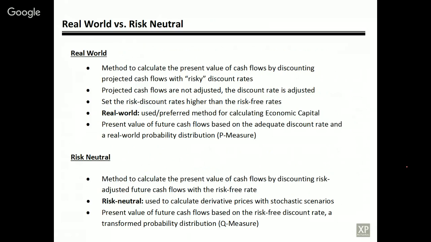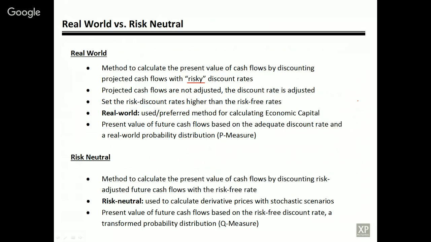Next up, we have real world versus risk neutral. This is a pretty important concept, so I'll try to describe it as well as I can. Real world is a method to calculate the present value of cash flows by discounting cash flows with risky discount rates. So here we have risky discount rates. We don't have risk-free discount rates. So we project the cash flows, and the cash flows are not adjusted.